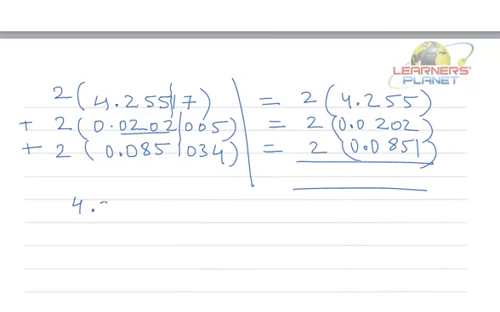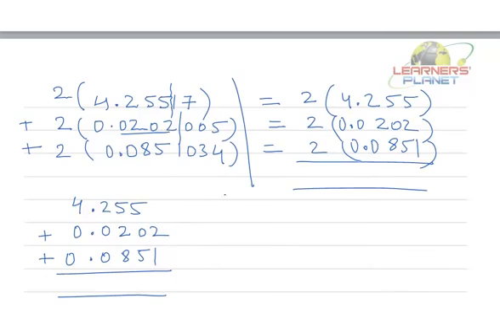Okay, now the question is to add these 3 and then multiply it with 2. So 4.255, then 0.0202, and here we have 0.0851. Now we have to add up these three values and then multiply it with 2.